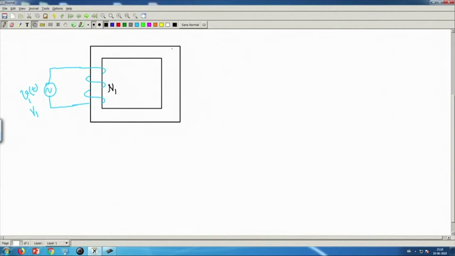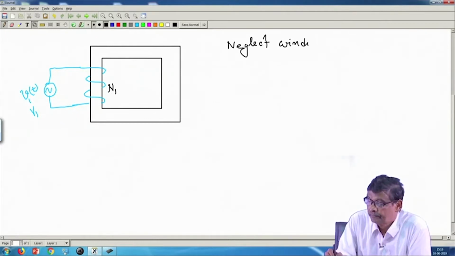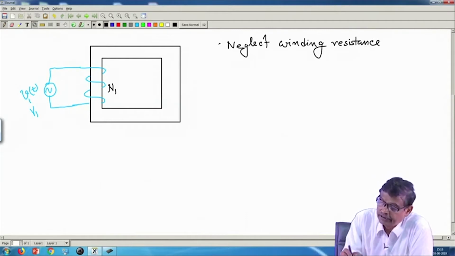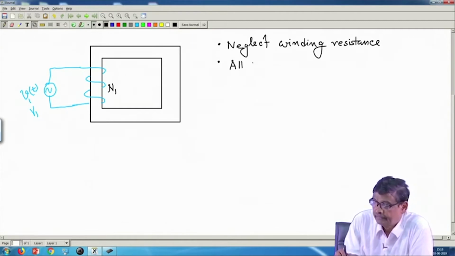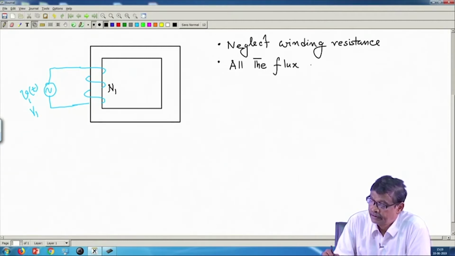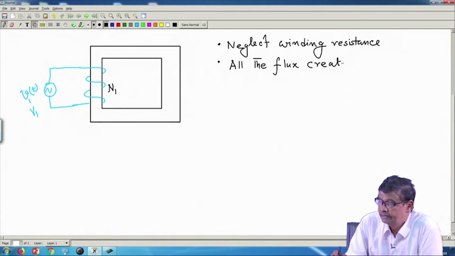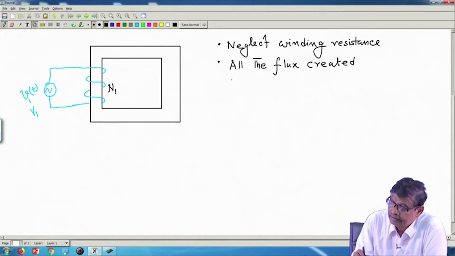See, it is a time varying current, and also we neglect winding resistance, which is, suppose, vanishingly small, and also let us assume that all the flux created is confined to the core only.